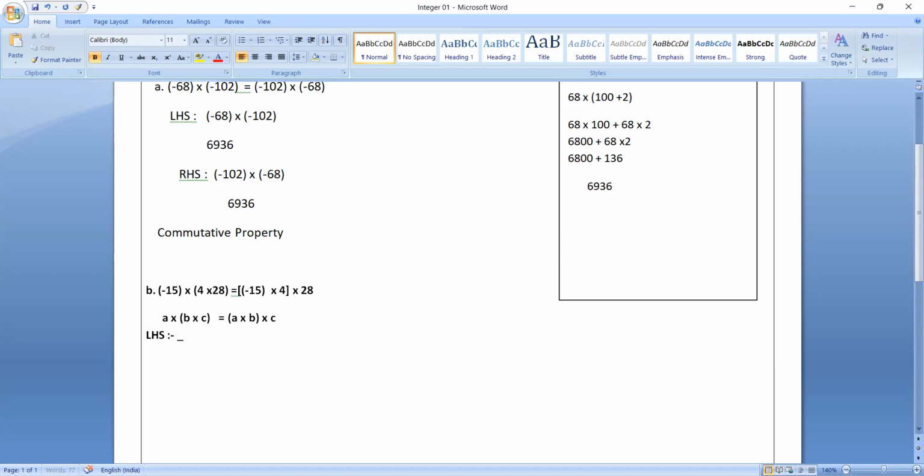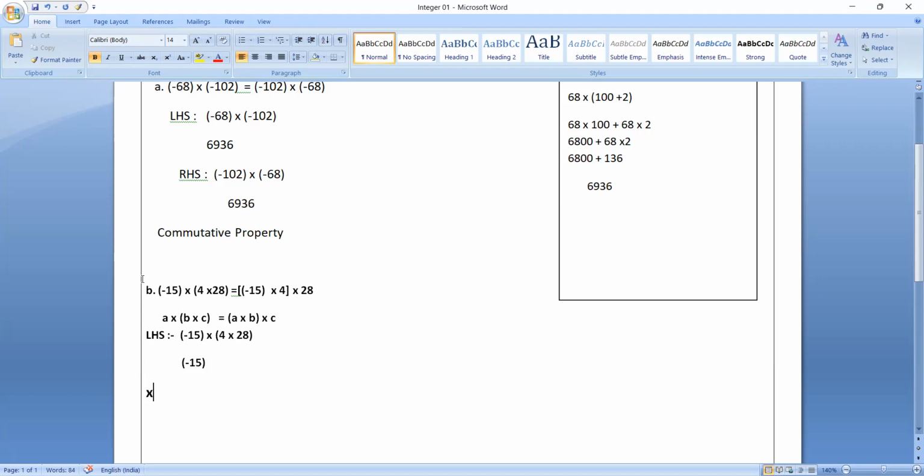And in LHS we have to take minus 15 into 4 into 28. Now first we have to multiply 4 into 28. So what will be the result?